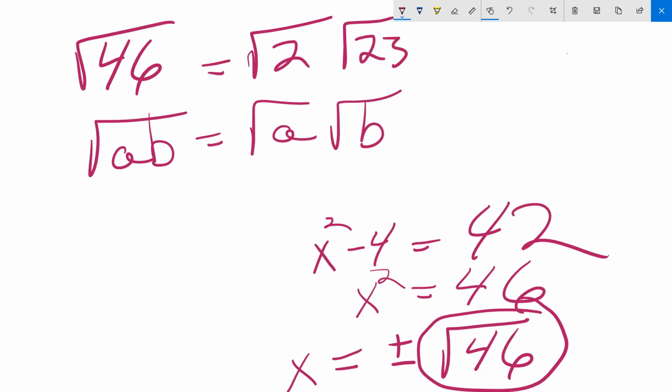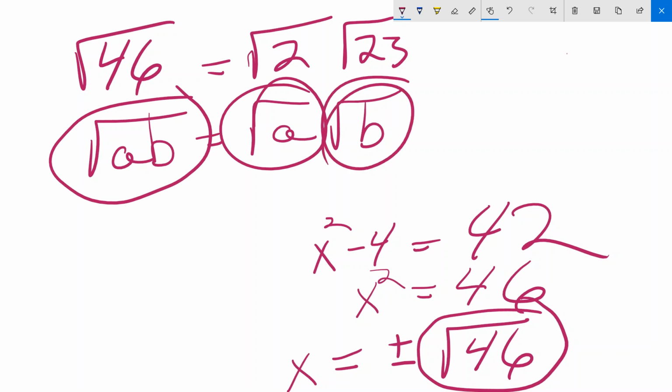Remember, these two numbers have to multiply to be 46. In other words, looking at the square root of a times b, you can separate it into that and that, but they have to be factors of 46. And the only factors of 46, other than 1 and 46, which you don't count, are 2 and 23.